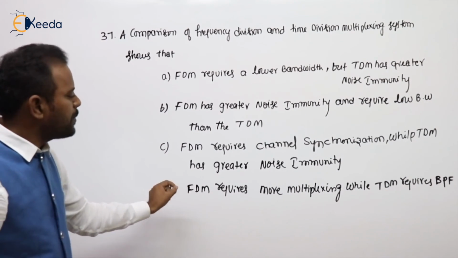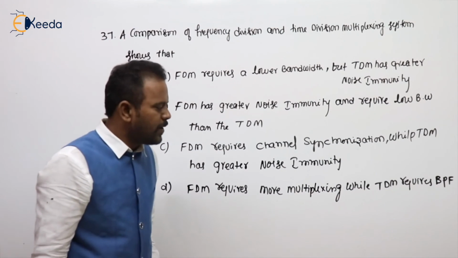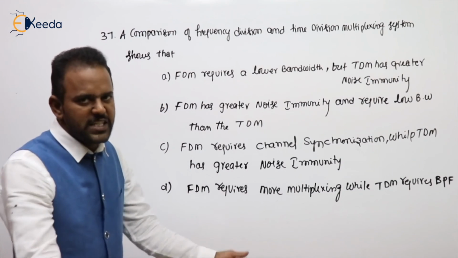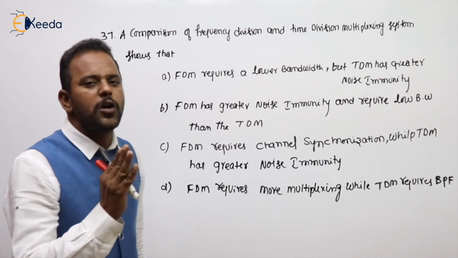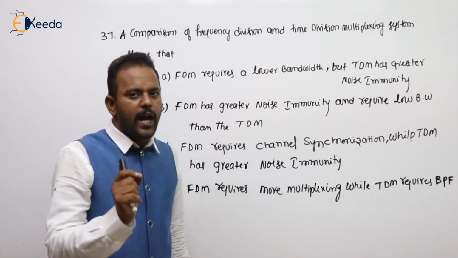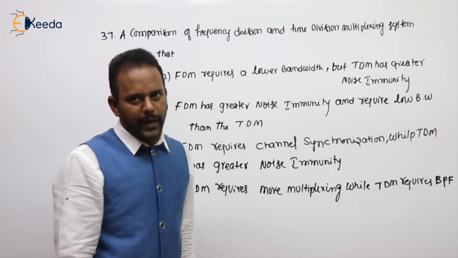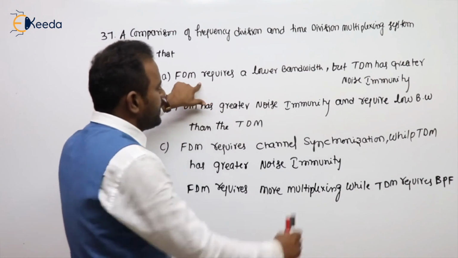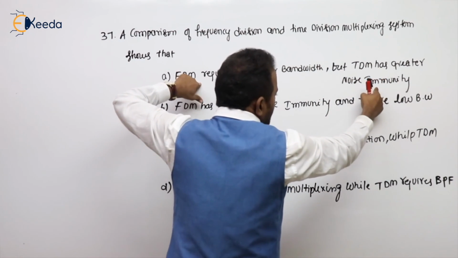Option D, FDM requires more multiplexing while TDM requires a band pass filter. Just see, which has more noise immunity? Obviously TDM, because it is a digital technique. We have regenerative repeaters. So if you see the first statement, TDM has greater noise immunity.